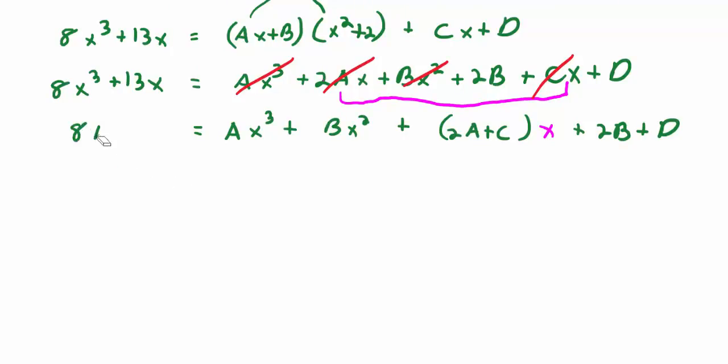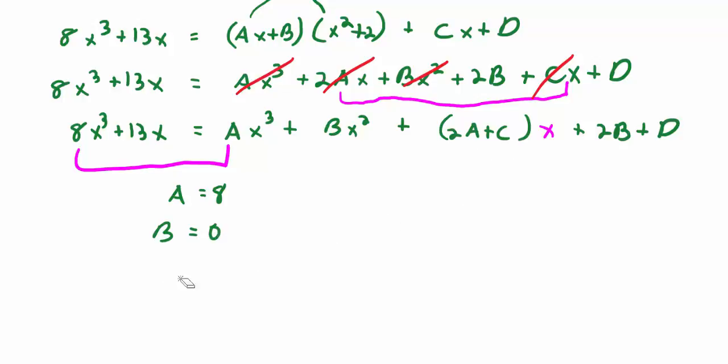Okay. System of equations. What's a equal? So remember, the left-hand side, set corresponding coefficients equal. So a equals 8. Oh, that wasn't tough. What about b? There's no x squared term, so the coefficient of the x squared on the left side is 0, which means b equals 0. What about 2a plus c? 13. And then 2b plus d is 0. These aren't the worst equations.